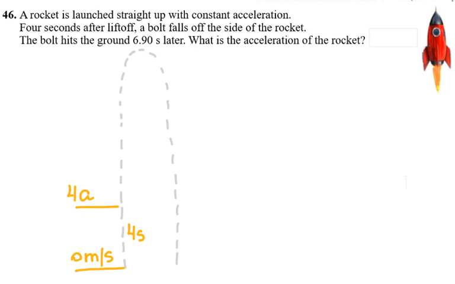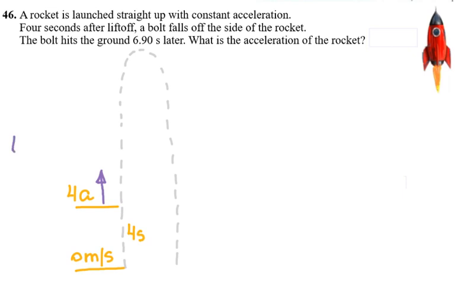Then this is the initial velocity of the bolt, let's change the color maybe to purple. This is the initial velocity of the bolt as it is traveling without the rocket. Now I need to find the time it will take before it stops all the way at the top.